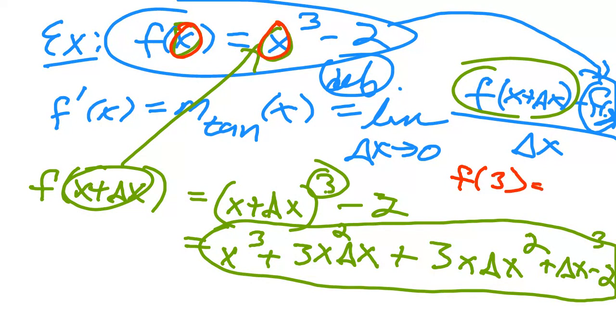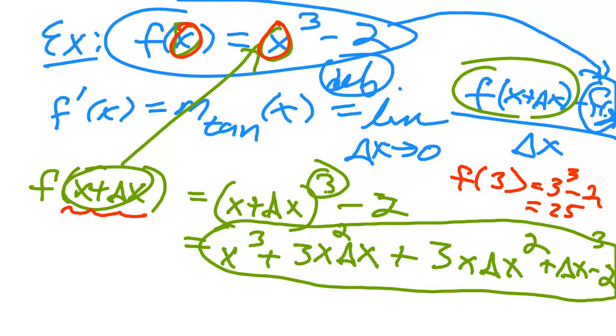Well, it's 3 cubed minus 2, which is 27 minus 2 is 25, right? Yeah. And if that was a 2x, it'd be 3 cubed minus 2 times 3, right? Correct. But in this case, it's f of x plus delta x. So you plug that in for your variable. Everywhere there's an x, you're plugging in x plus delta x to get that first part.